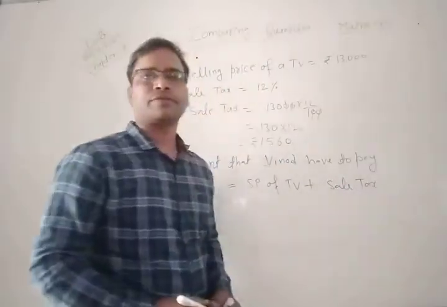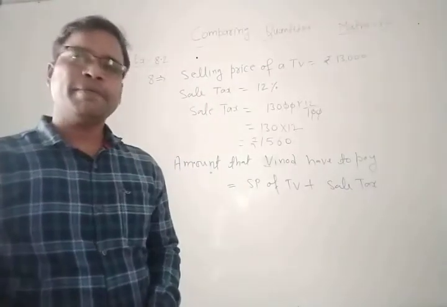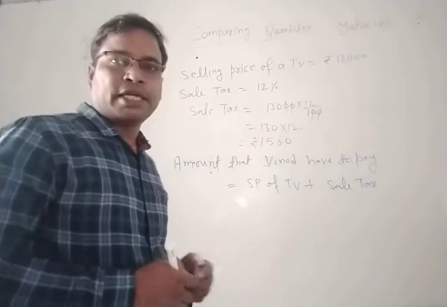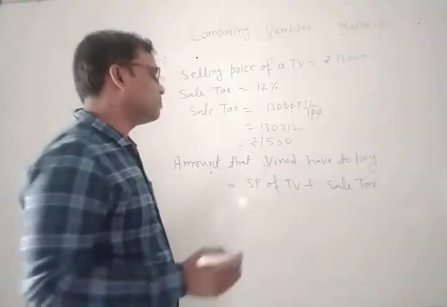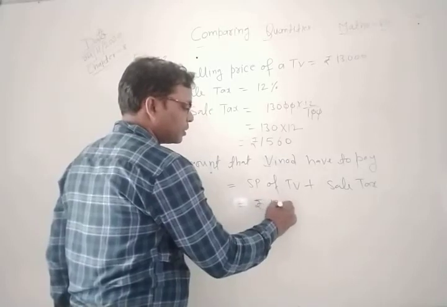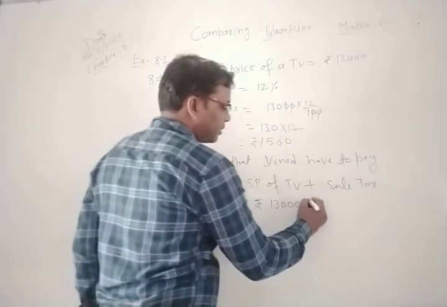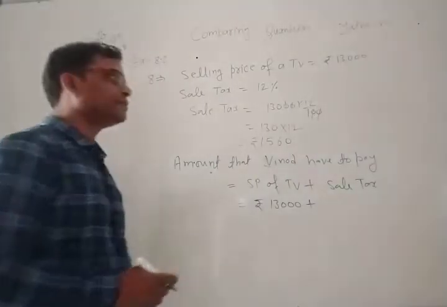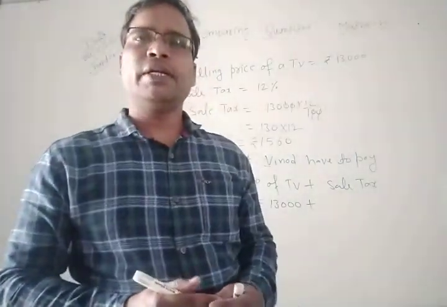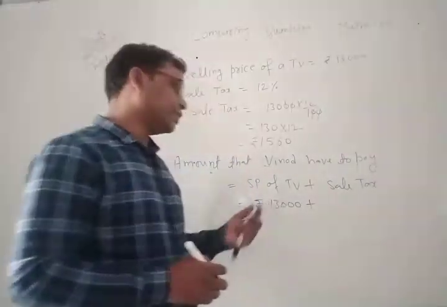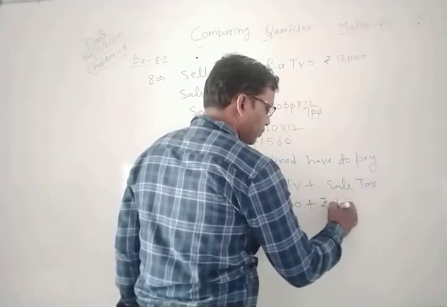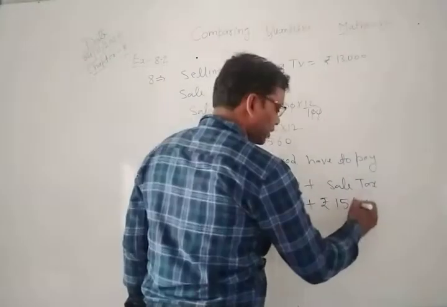Okay. SP of TV and sales tax. So SP means the selling price of the TV. The selling price of the TV is given here, rupees 13,000, plus the sales tax we found here, 1,560 rupees.